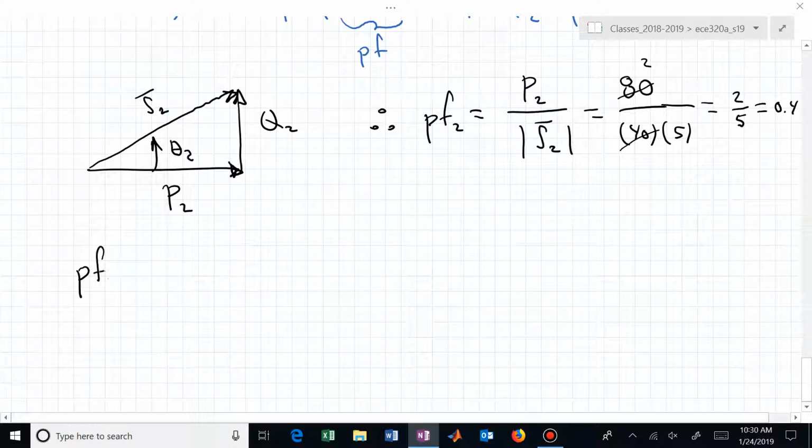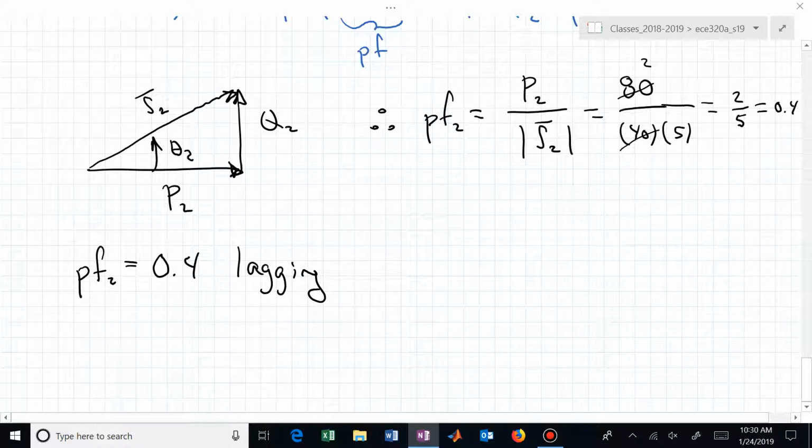With a power factor of load 2 equaling 0.4, and we know that it's lagging, we also know that the power factor of load 2 can be used to find the angle, because we know that the power factor of load 2 is the cosine of theta sub 2.